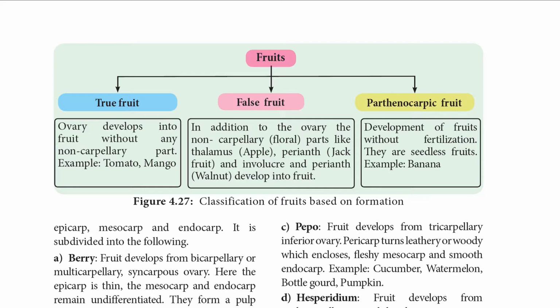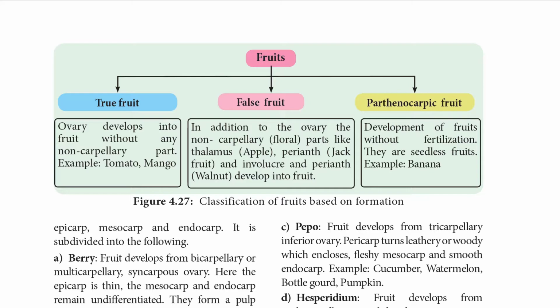Examples are tomato and mango. In addition to the ovary, when non-carpellary floral parts like the thalamus, as in the apple where the thalamus becomes the fruit, the perianth, as in the jackfruit where the perianth becomes the fruit, or the involucre and perianth, as in walnut where the involucre and perianth develop into the fruit.